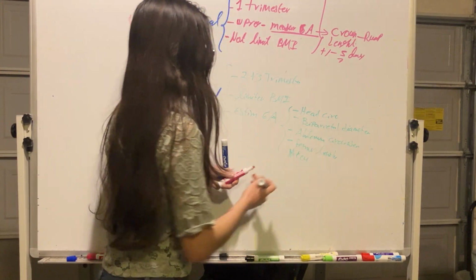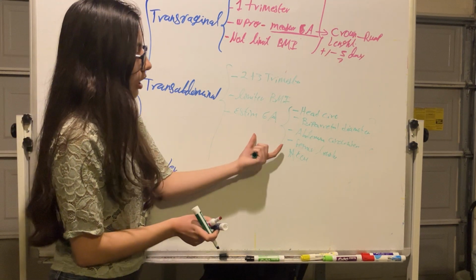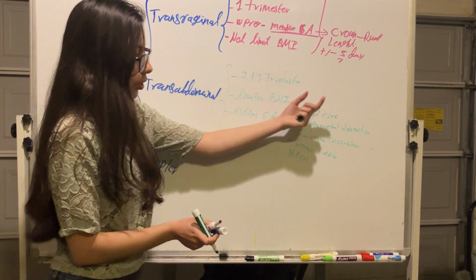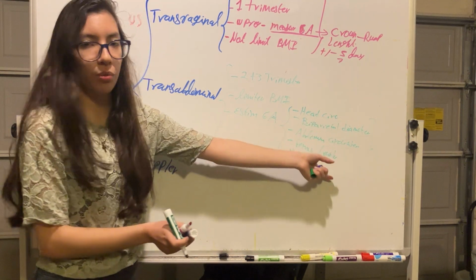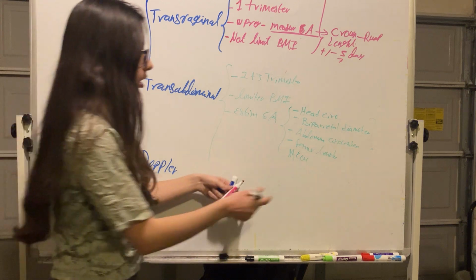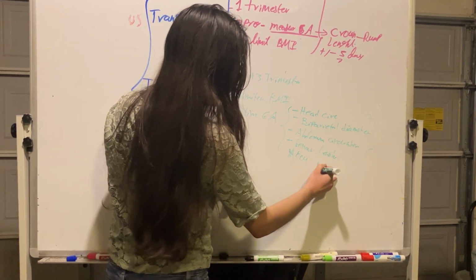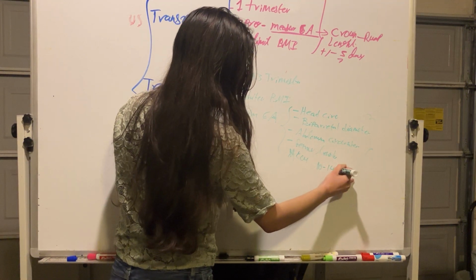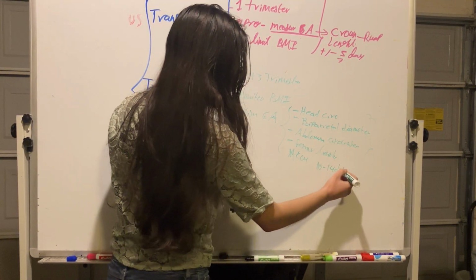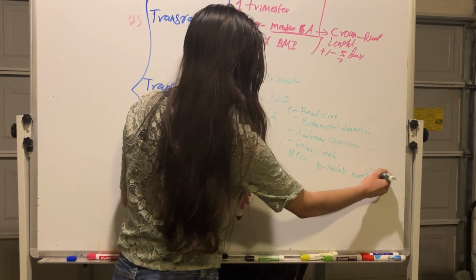If we measure gestational age based on head circumference, abdominal circumference, and femur length, early in the second trimester, this has an accuracy of 10 to 14 days, more or less. 10 to 14 days accuracy earlier in the second trimester.